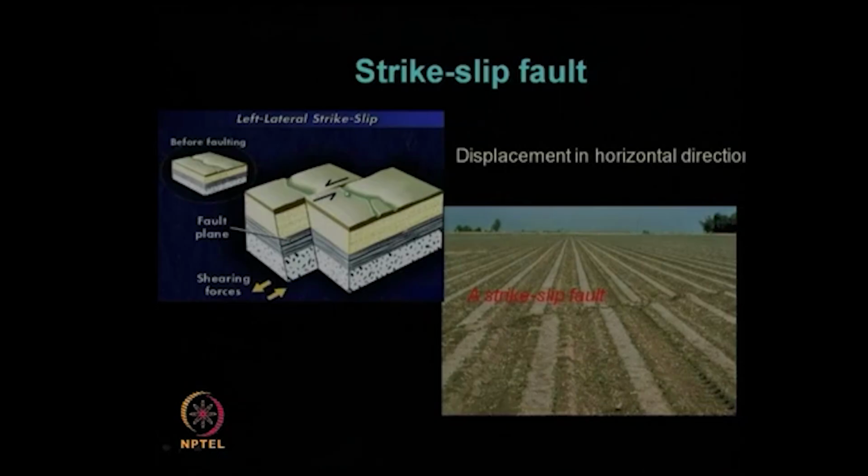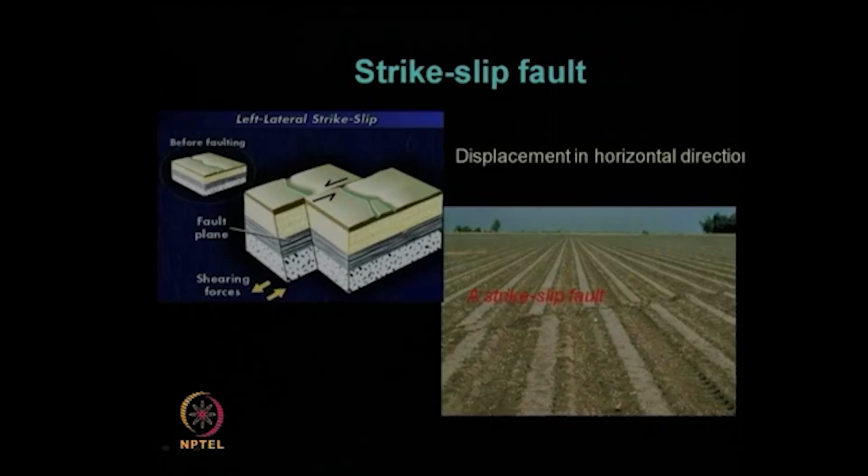So, you can see this marking point, or if it is a river or anything, they got displaced totally from one place to another place. So, a good pictorial representation of an actual strike slip fault you can see over here. Initially probably it was matching with this line, and after the amount of strike slip fault, these two blocks have moved with respect to each other laterally in this direction.